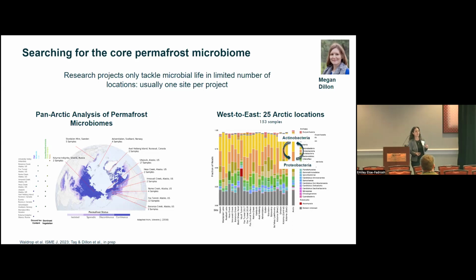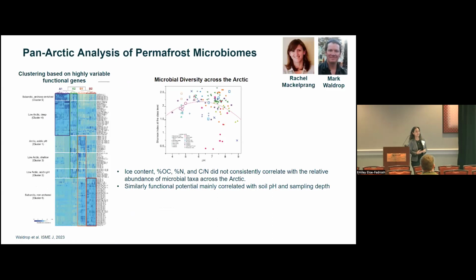What was interesting in this research is that, just through the analysis of the genes, we could see how the distributions of microbes and important metabolic processes could be found in the landscape. Most of the soil parameters that we measure and hold very dear to us, like ice content, organic matter content, or nitrogen, did not consistently correlate with the microbial populations.